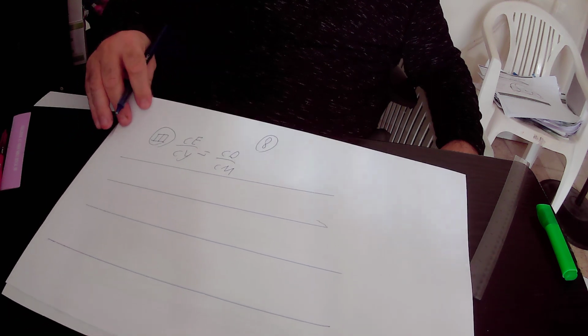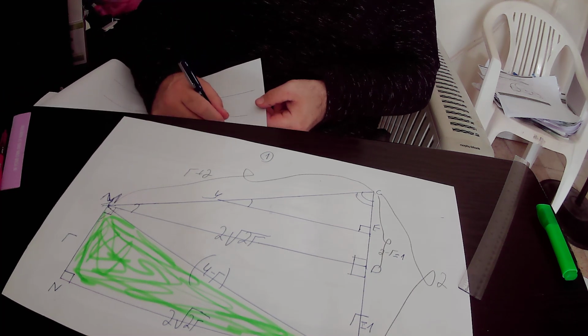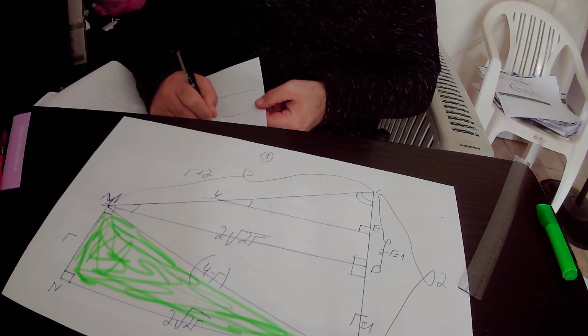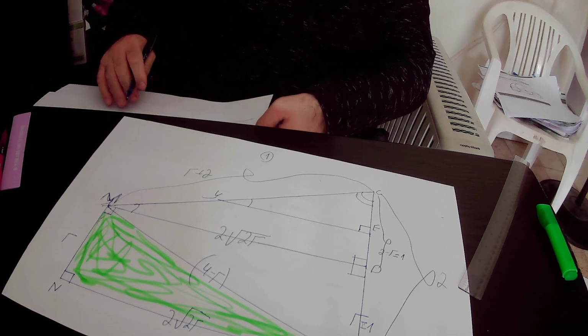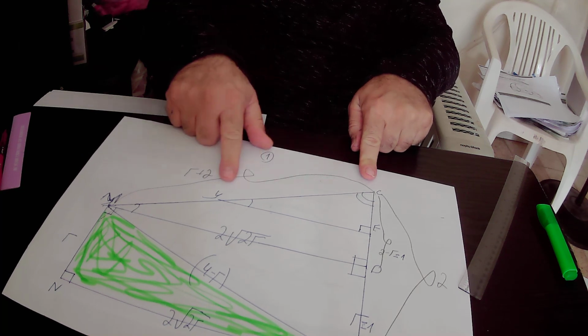So CE over CY, CE over CY. What is the value of CY?